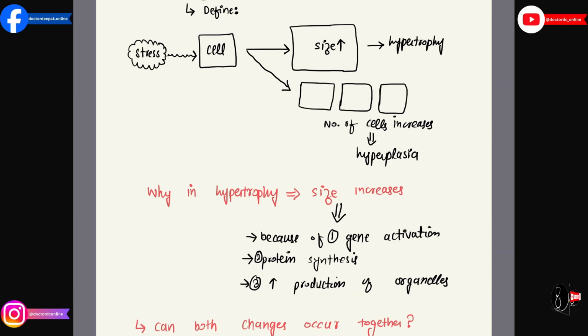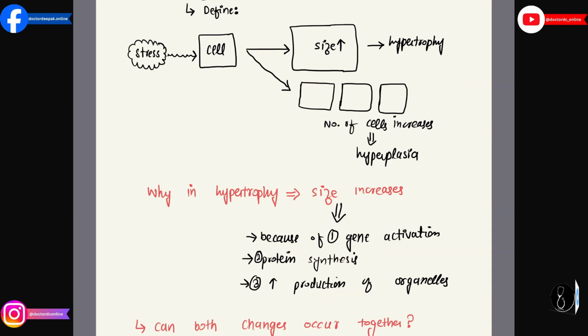That's why we say when neurons in the central nervous system get damaged, you can't make new neurons. Why? Because in the central nervous system we don't have stem cells. It is an example of permanent tissue. That is the thing you have to keep in mind.